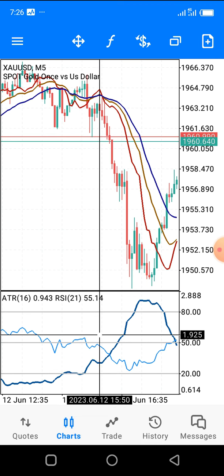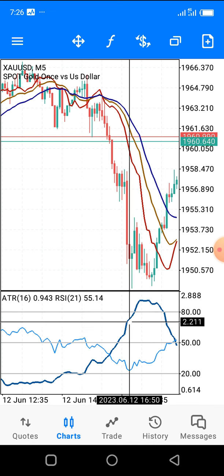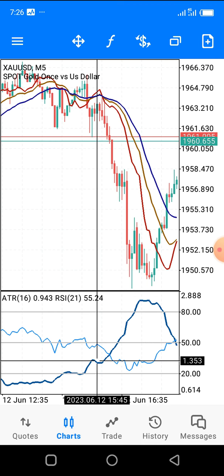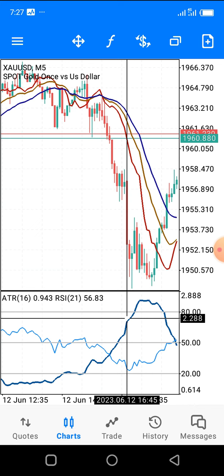So be expecting some movements in the market. Now, ATR has crossed above my RSI and is heading towards the upward zone. Can you see? It's telling you this movement, be it downwards or upward, is going to be very volatile. There's surely going to be movement in that particular market.